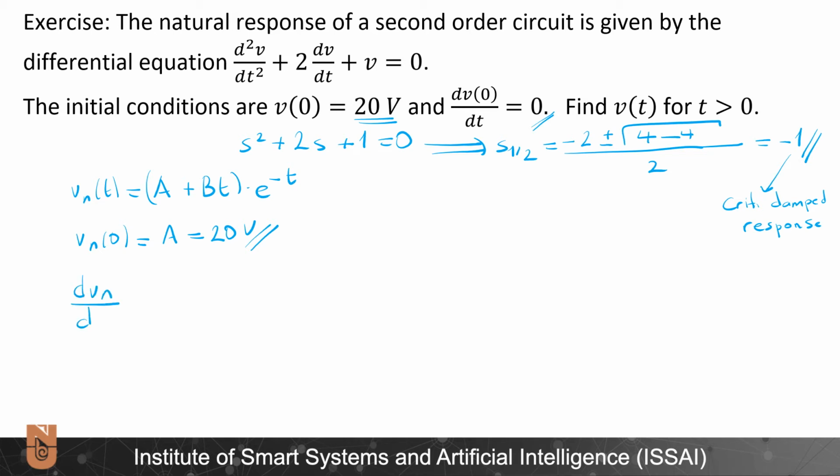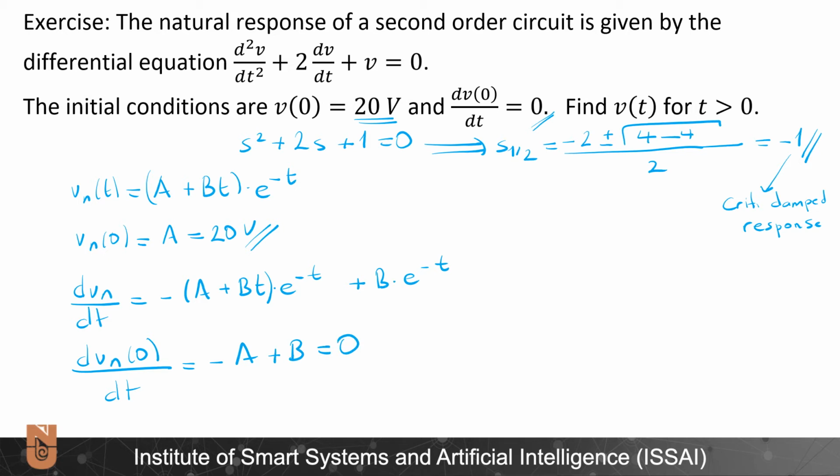dVn over dt is equal to minus (A plus Bt) times e to the minus t, and plus, it's a mistake, plus B times e to the minus t. If I evaluate this expression at t equal to 0, I end up with minus A plus B equal to 0.